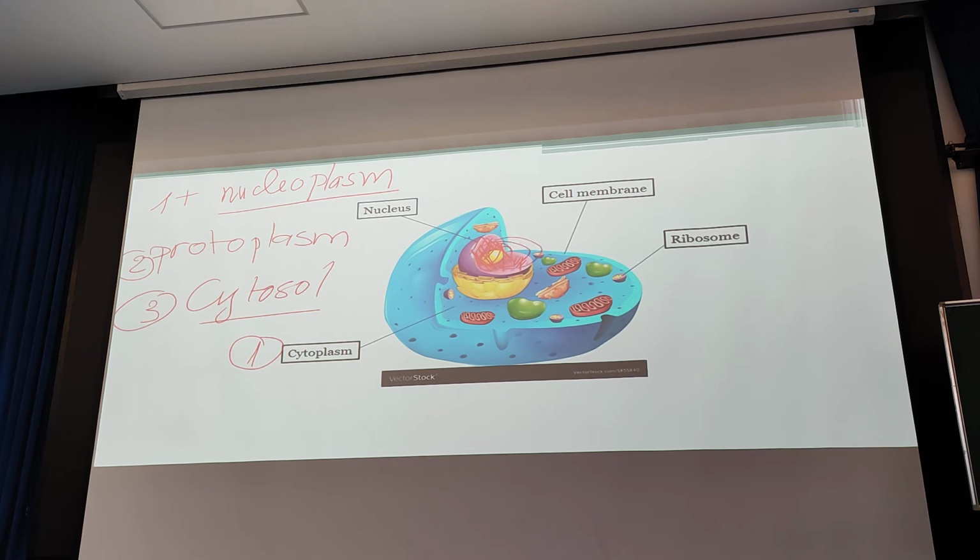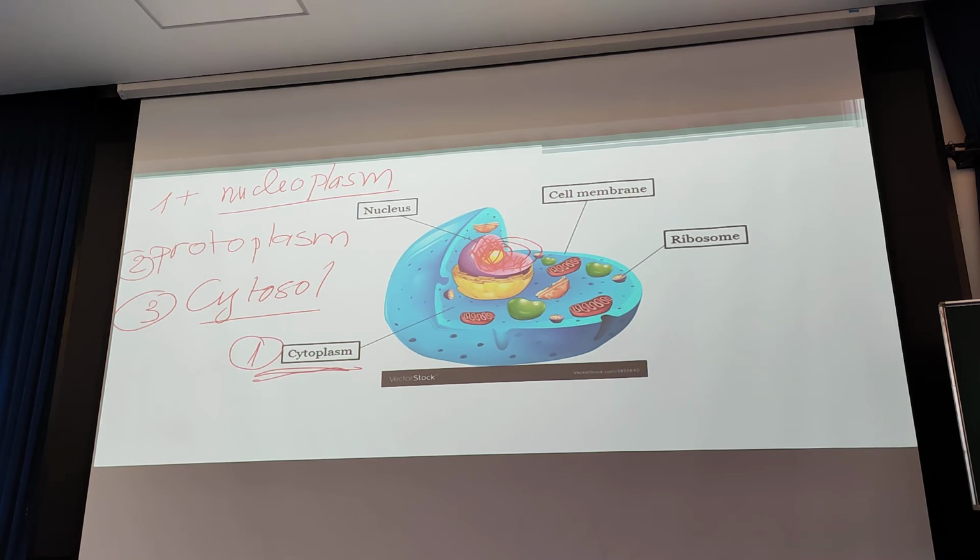So the cytoplasm plus the nucleoplasm makes the protoplasm. The second part, cytoplasm, is everything inside the cell membrane but excluding the nucleoplasm. And for the last, cytosol is the things in the cytoplasm minus the organelles.